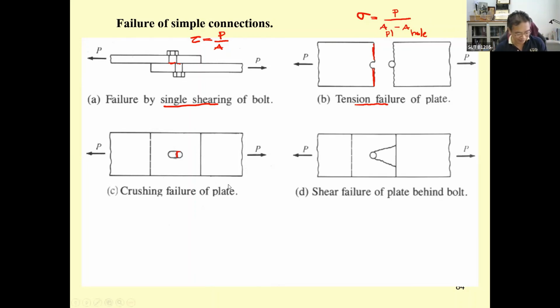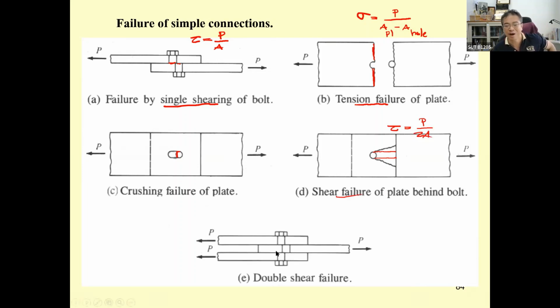Or in some cases, I just showed you about that already. If this one is not buckling but is tearing, this one is tearing. Actually, we use this one to compute. This one will be tau equal to P over 2A, because this one is going to be double shear.